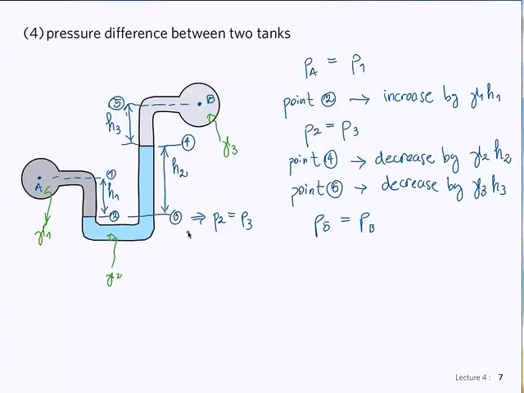Now we can find the final answer, which is pressure at A plus the pressure difference from 1 to 2, gamma 1 H1, minus the pressure difference from 3 to 4, gamma 2 H2, and minus the pressure difference from 4 to 5, gamma 3 H3, is equal to the pressure at B.